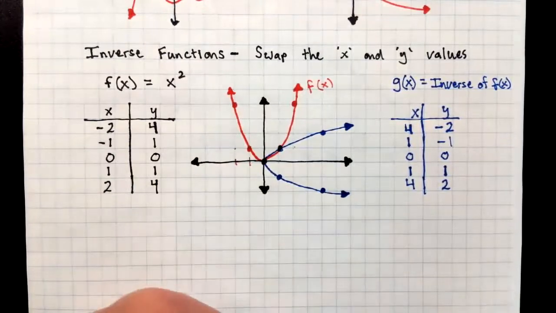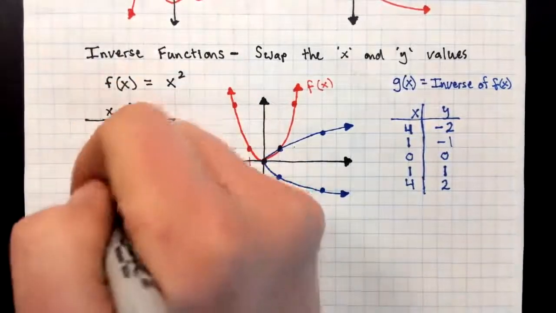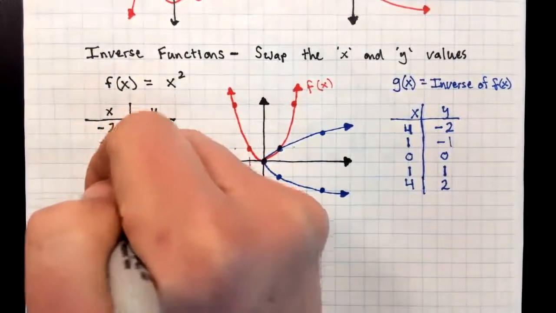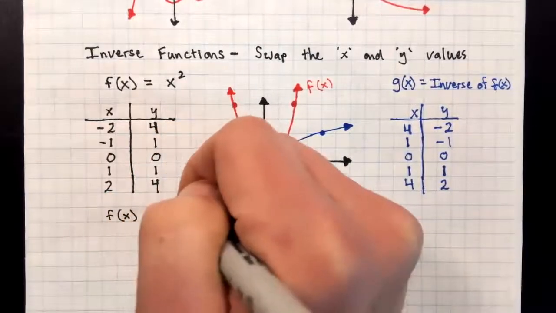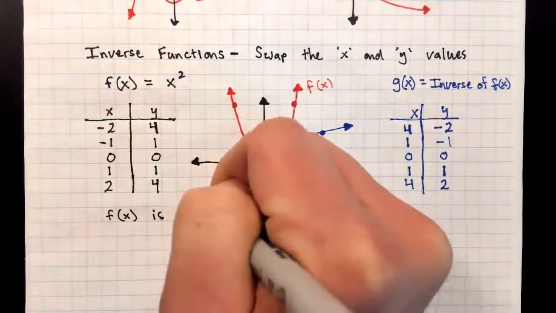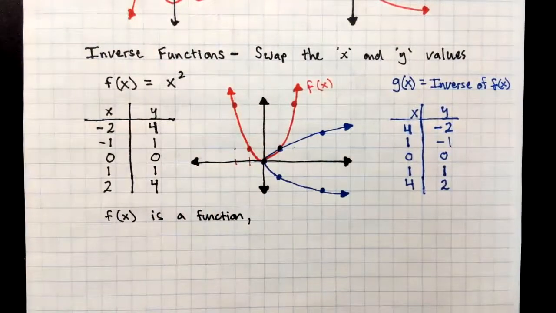All right, so going back to f of x, is f of x a function? Absolutely. What about g of x? The inverse function that we created, is it a function?